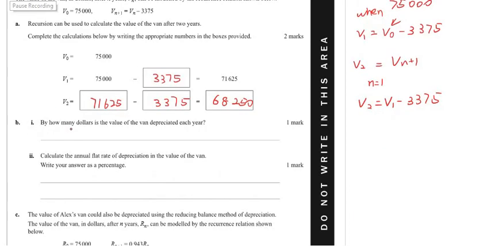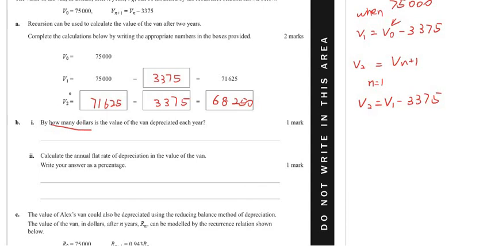Now question B: by how many dollars is the value of the van depreciated each year? A clue over here is 'by how many dollars'. If it's a geometric sequence, it will ask us by how many percent, because it will be a rate.